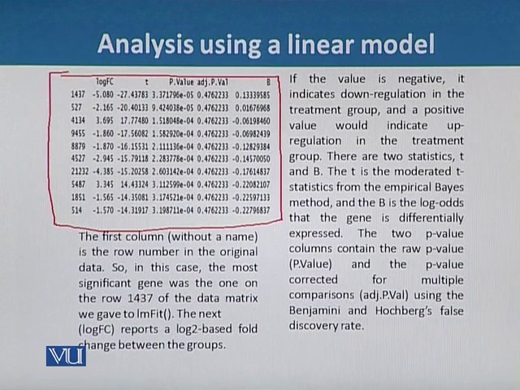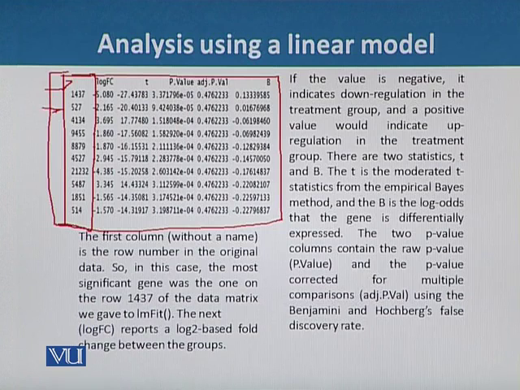And there are several columns and there is data in the columns. So the first column, we can see here, this first column, is without any name on the top of the column. This first column is the row number in the original data. It means that 1437 is the actual row number. This is 527.